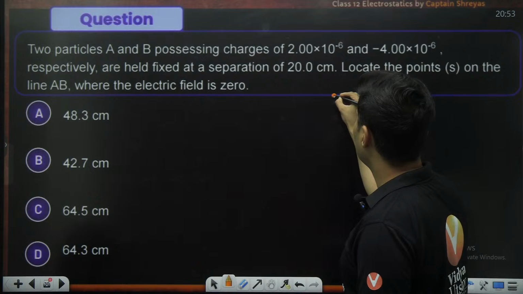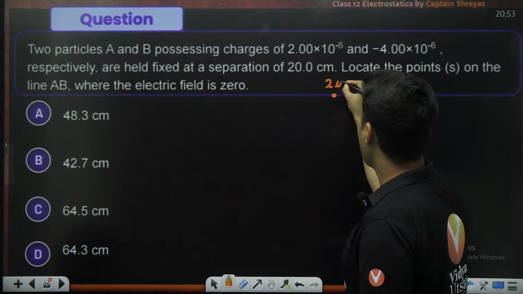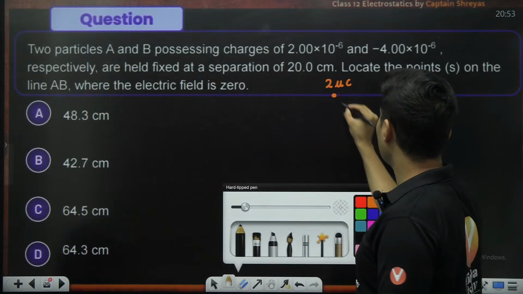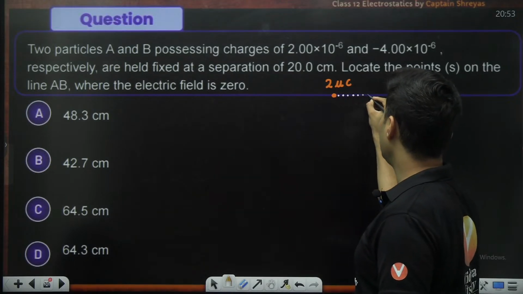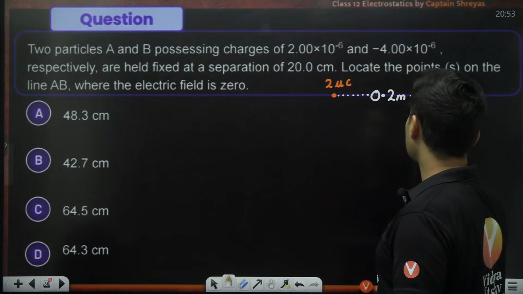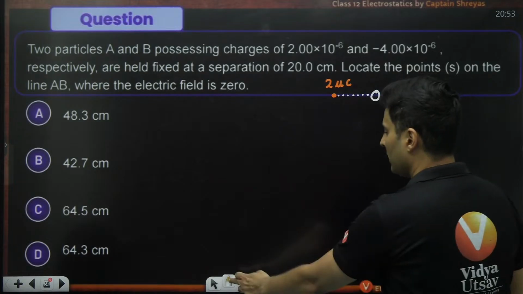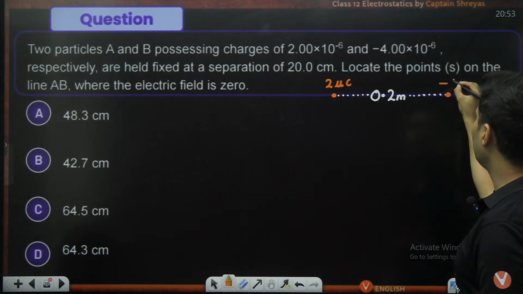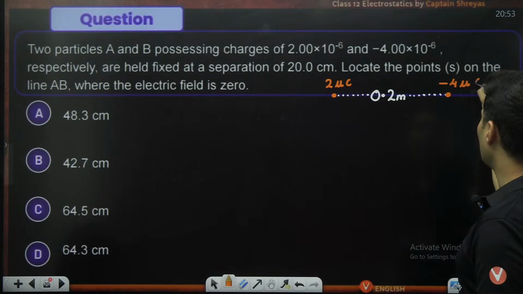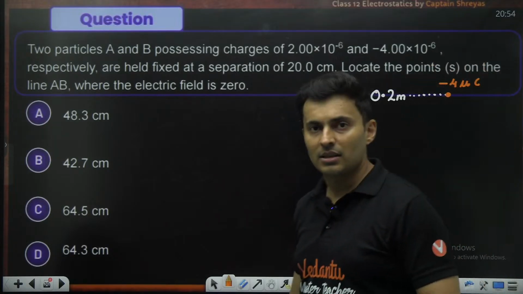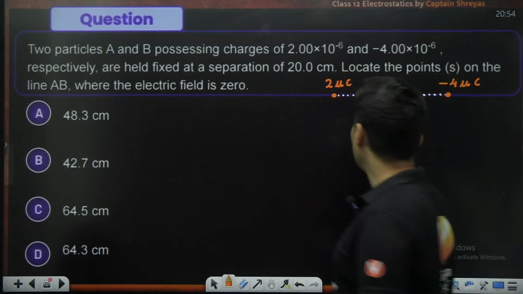We have 2 micro Coulomb, and the separation distance is 20 centimeter, meaning 0.2 meters. Then there is another charge over here, which is negative 4 micro Coulomb. Micro because it is 10 to the power negative 6.